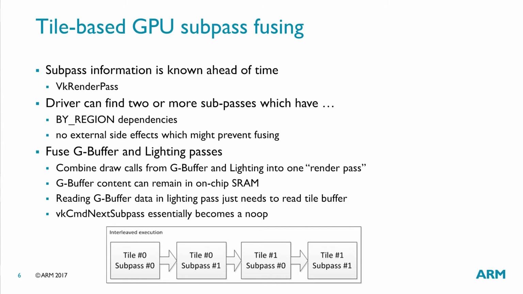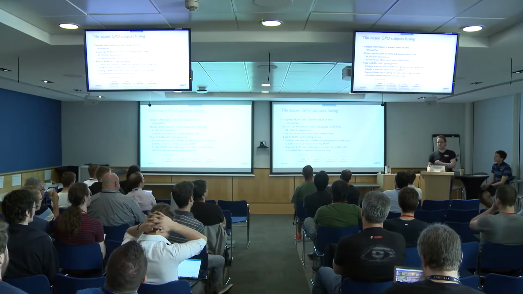Because if we know that we have this per pixel dependency and we have 2 subpasses, and this stuff happens on a tile, we can interleave execution here. So we can say that instead of rendering everything from subpass 0 and then everything from subpass 1, that's the classic approach.